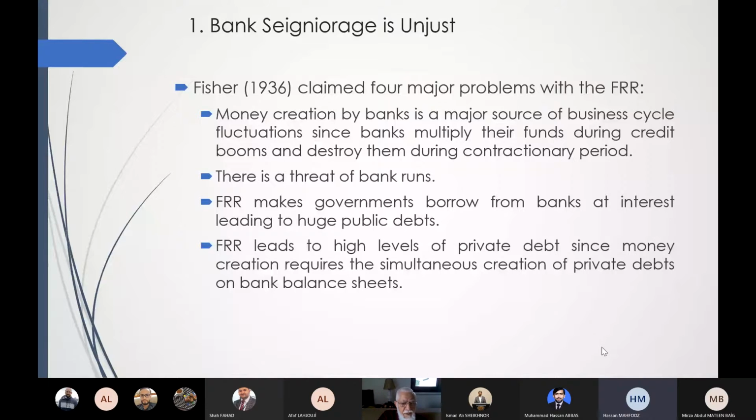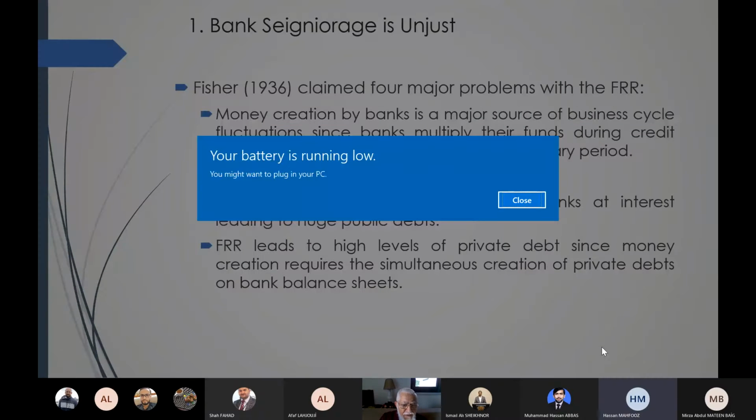If it issues fiat money, it will give banks the opportunity to issue even much more of their own derived money, right? So I think Fisher probably did not think of this problem, that if they issue fiat money, that will be a lot worse.